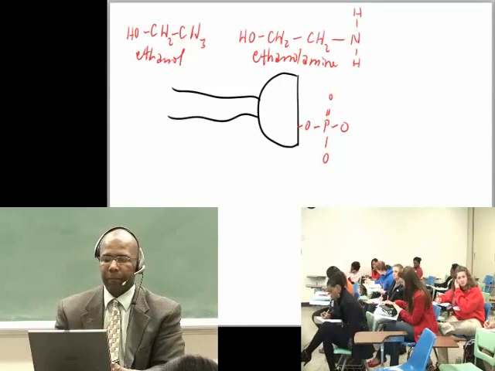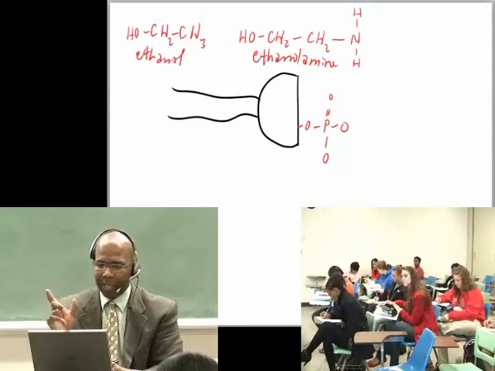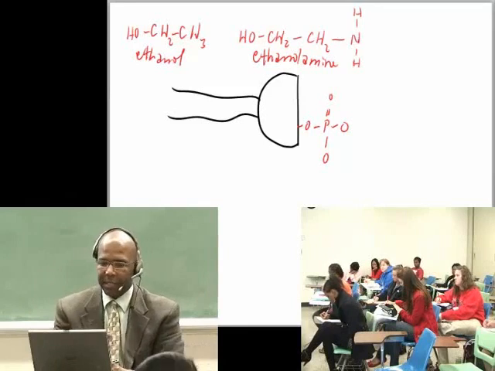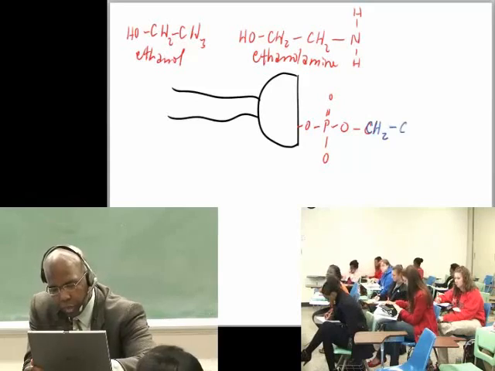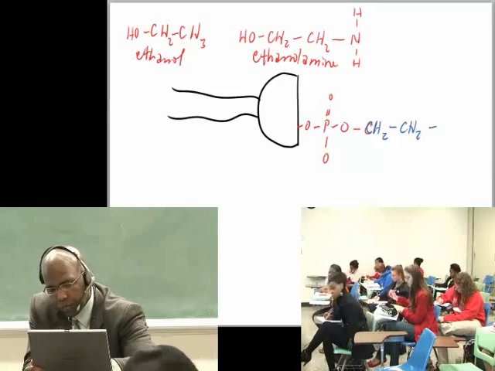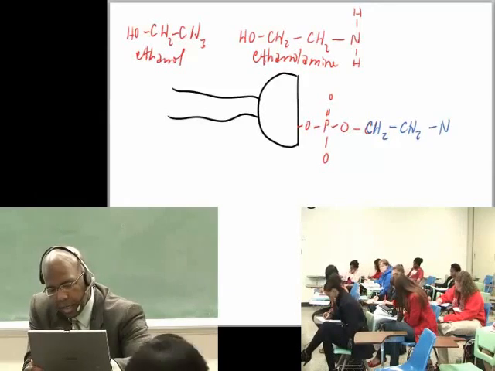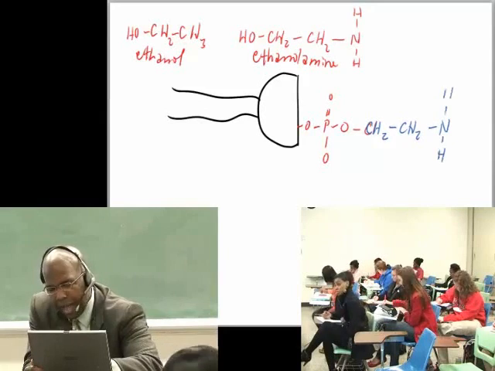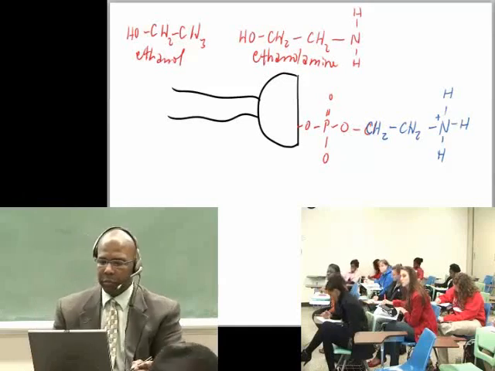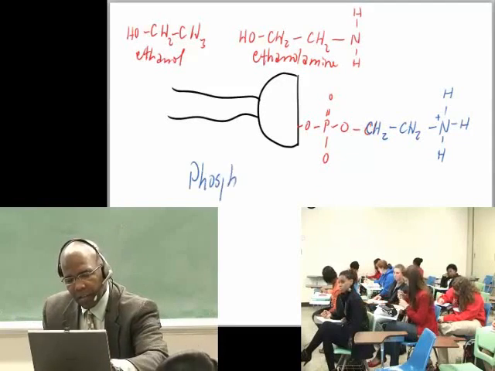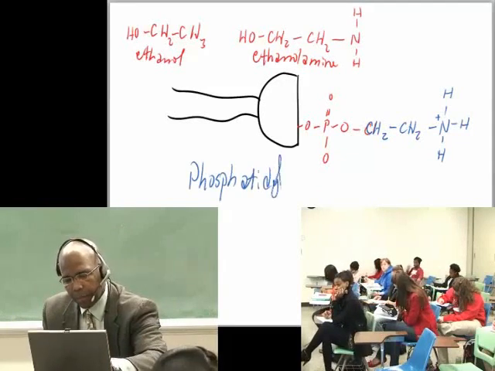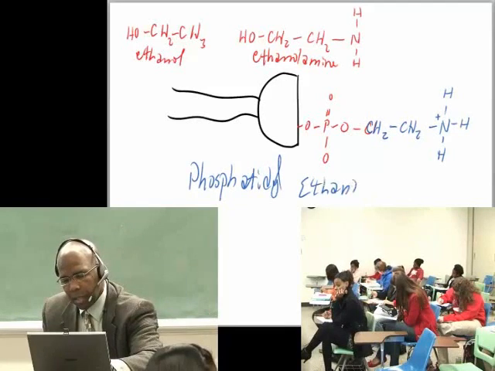Make sense? Now we're going to just attach ethanolamine to phosphatidic acid, right here. I'm going to make ethanolamine a different color: CH2, CH2, NH3. And in biological systems, most of the time, ethanolamine is protonated. And so that's the phospholipid phosphatidylethanolamine.